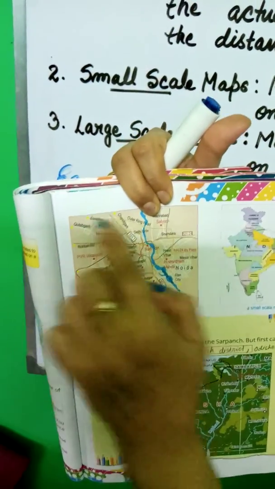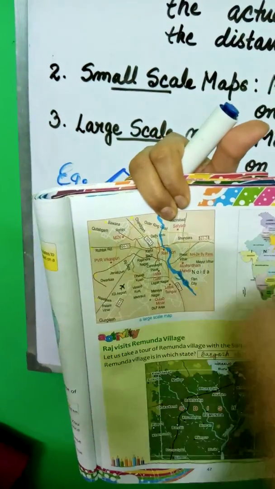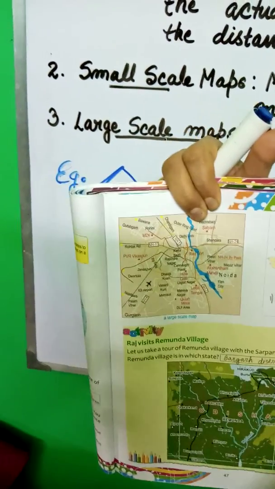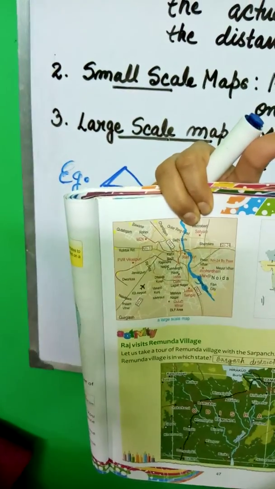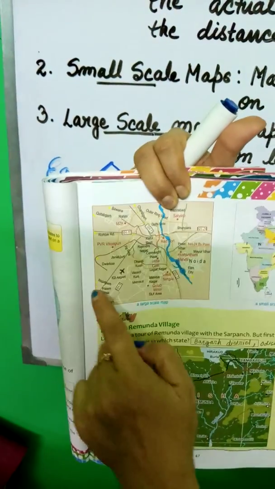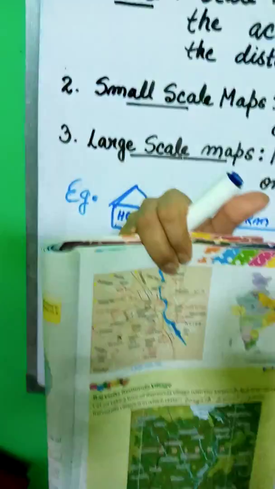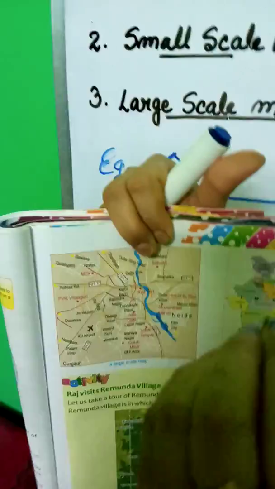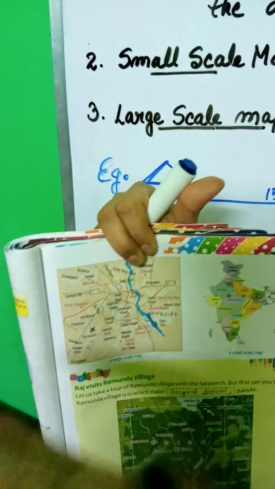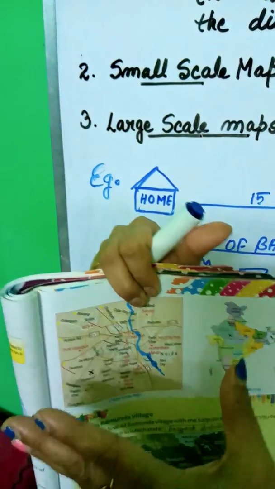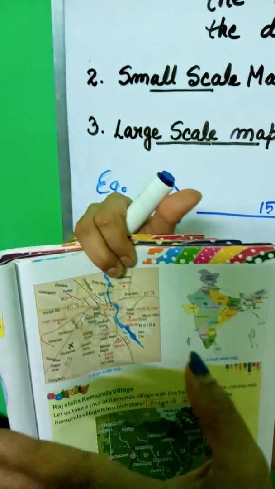That means maps that show a small area on a large map. Small area is not like a country. It is a small area, like a city, or you can show a state, that you can show elaborately.